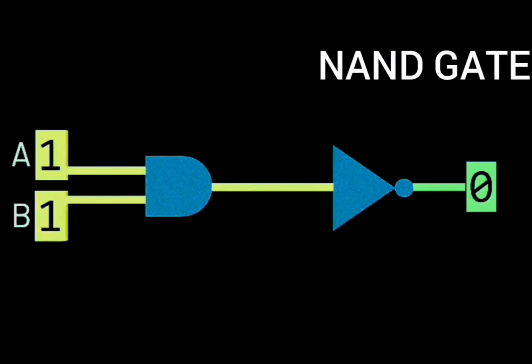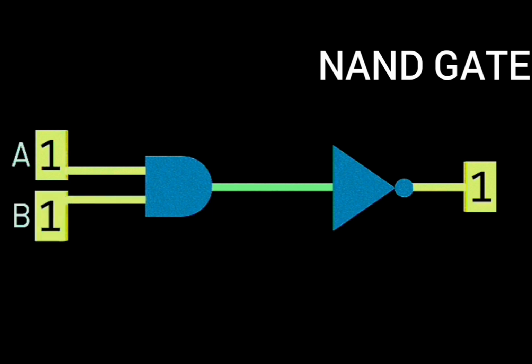A NAND gate means NOT AND, that is, the AND output is inverted. The output assumes logic 0 only when each one of its inputs is at logic 1. The output assumes logic 1 even if one of its inputs is at logic 0.